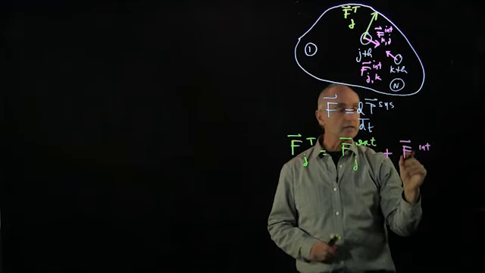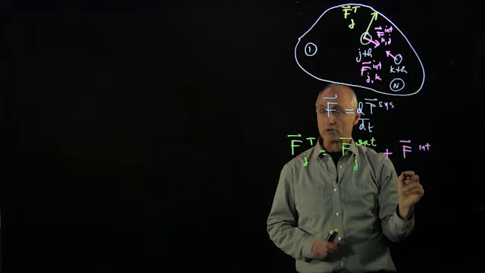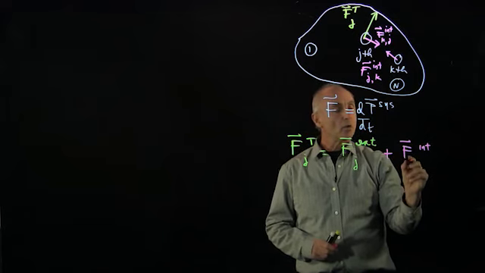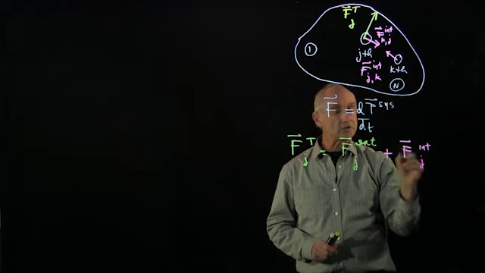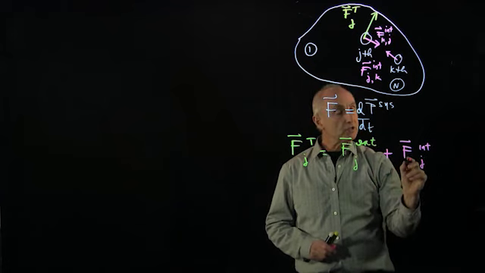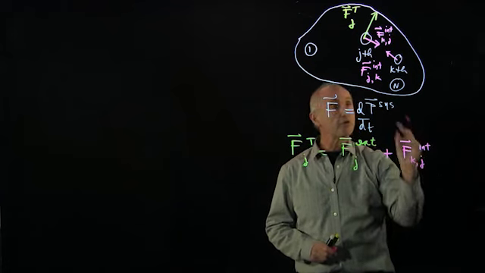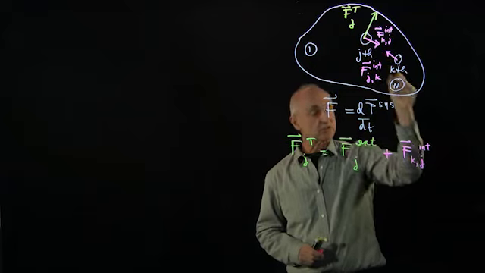Now, how do we write this total internal force? Well, we're interested in the force on the jth particle, but the internal forces can come from all of the other particles in the system.